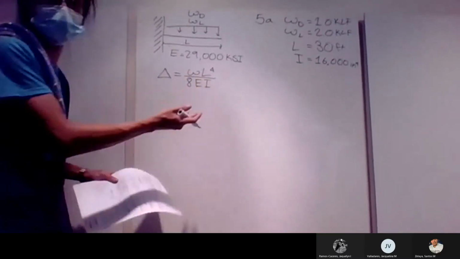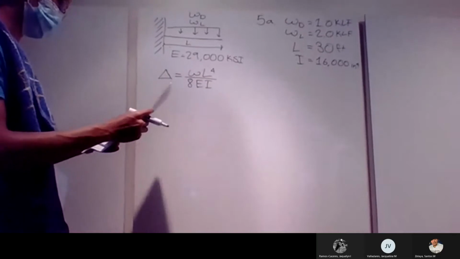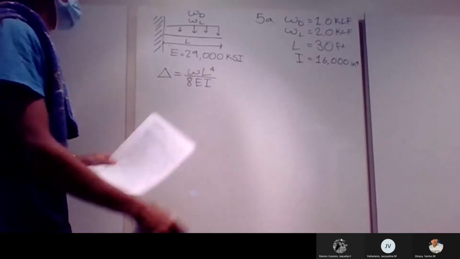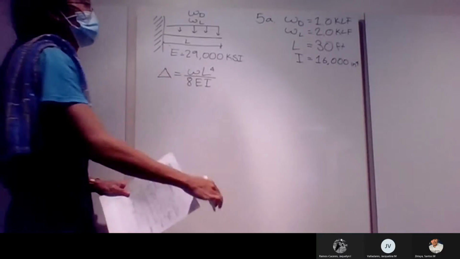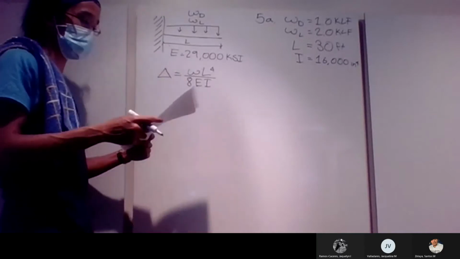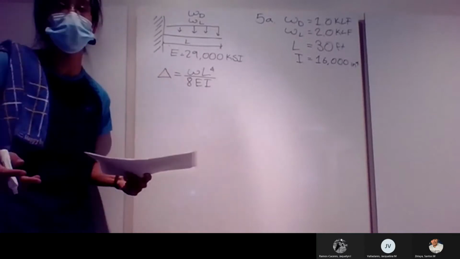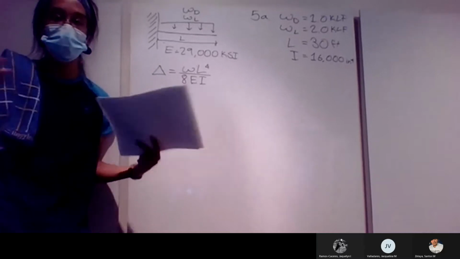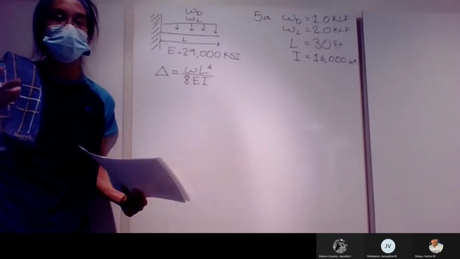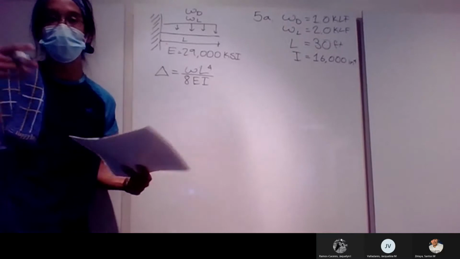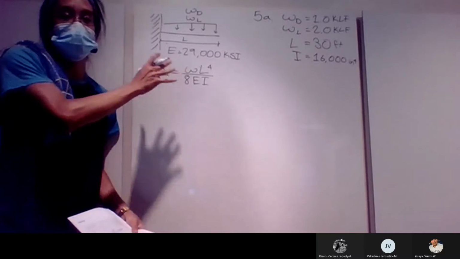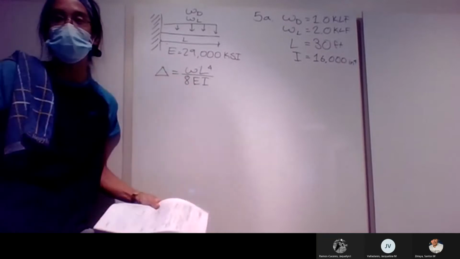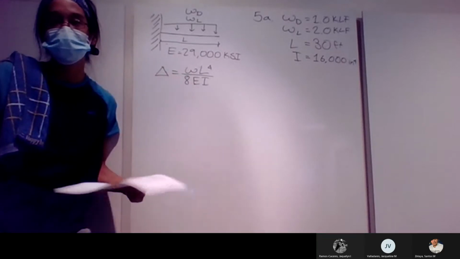We're almost there. We just have to figure out the load. This is going to be unfactored because this is a deflection. We're not calculating for leeway or what something can hold. This is an actual beam with a given load, so we don't have to take any factoring into consideration.